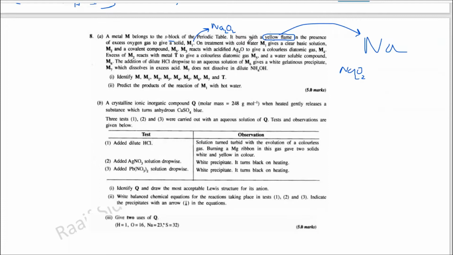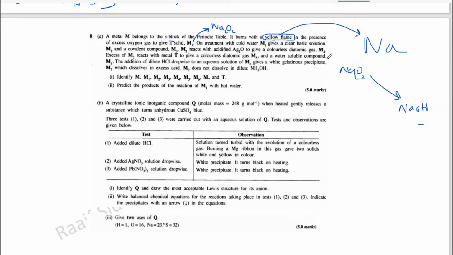On treatment with cold water, M1, which is Na2O2, gives a clear basic solution. This will give basically NaOH, the basic solution. They say it gives a basic solution M2 and a covalent compound.